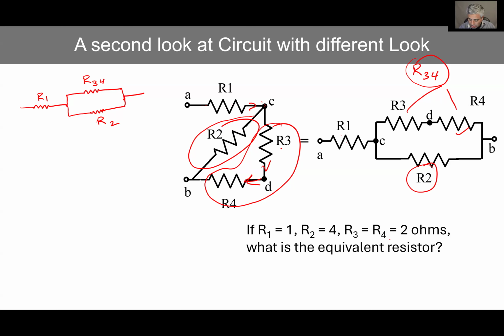So now R3 and R4, say this is 4 and 2. I can calculate by just multiplying these two and dividing by the sum, right? So 8 over 6.